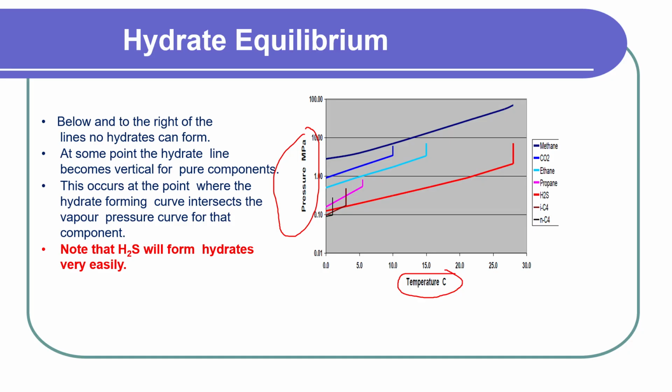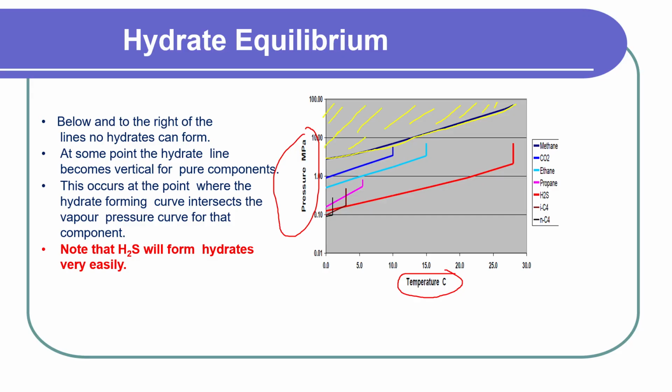Here is the curve for the methane formation, which means that if I'm operating at any point above this curve for methane only, the hydrate will form.